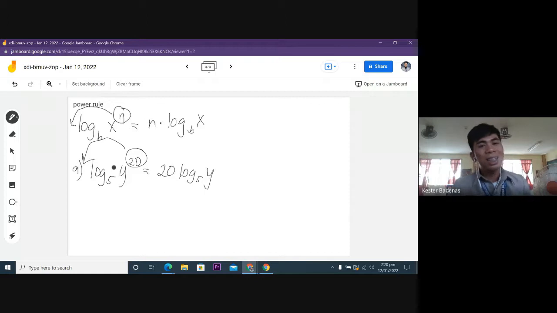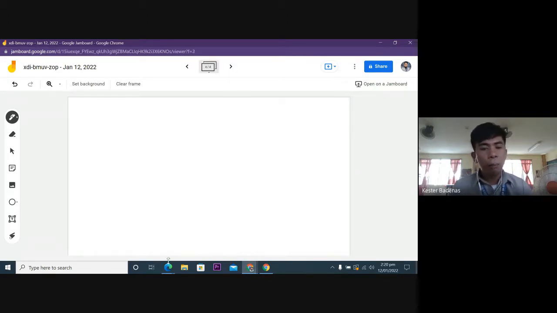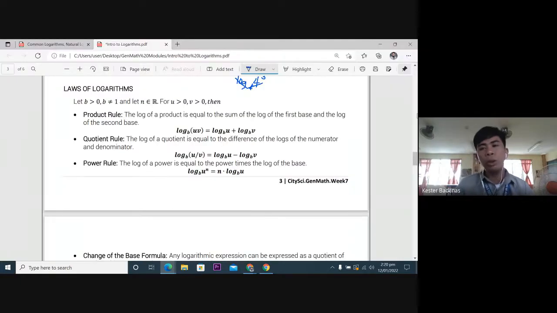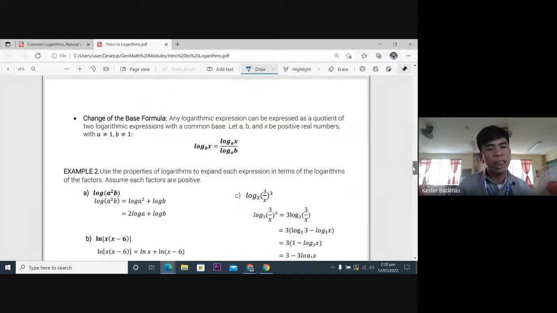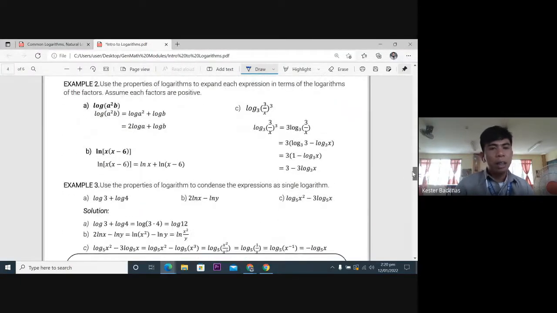Alam ko walang tanong sa power rule, 'di ba? So, doon na tayo sa pag-merge. O, tandaan niyo yung power rule ha. Mamaya na yung change of base, huli na natin yan. Use the properties of logarithm to expand each expression in terms of the logarithms of the factors. Assume each factor is positive.